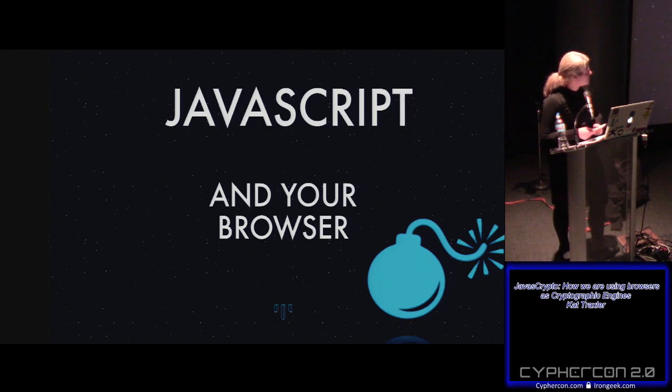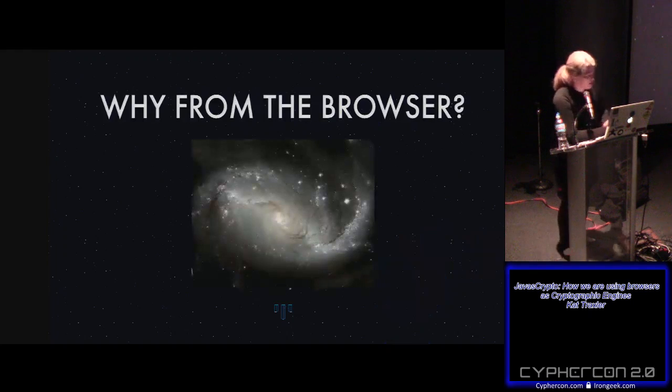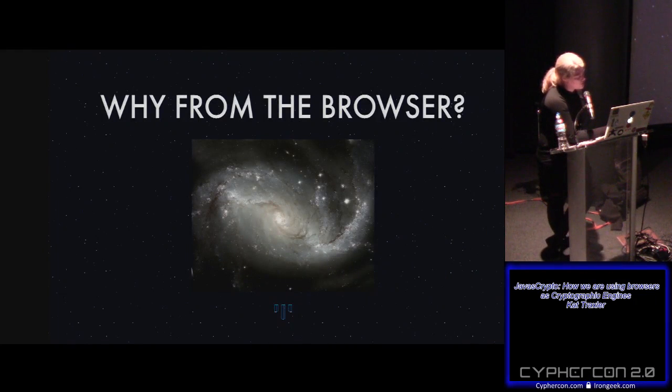JavaScript is being enlisted to do some heavy lifting in your browser. Implementations of JavaScript in your browser are things like the Stanford JavaScript crypto library. The Stanford JavaScript crypto library sought to prove that there was no reason you couldn't do cryptographic operations directly in JavaScript.